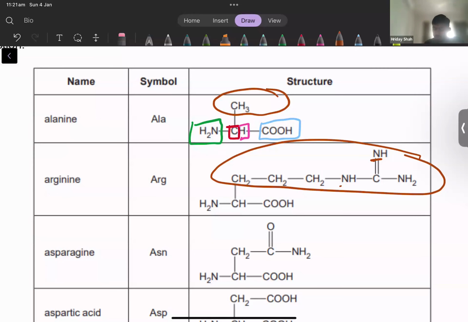It also has nitrogen, which makes it a polar molecule. And remember, lipids are non-polar. Non-polar will repel polar, and therefore arginine will definitely not pass through the plasma membrane. So just because of that difference in the variable R group, they result in very different properties.